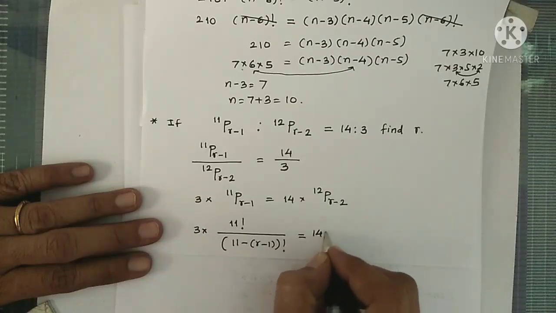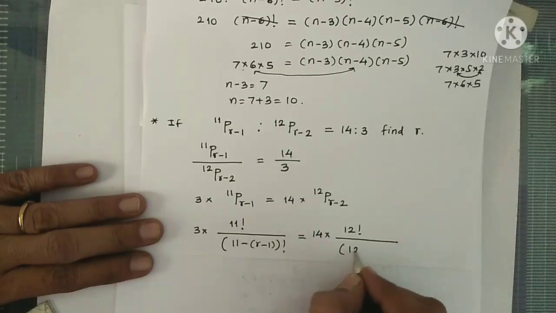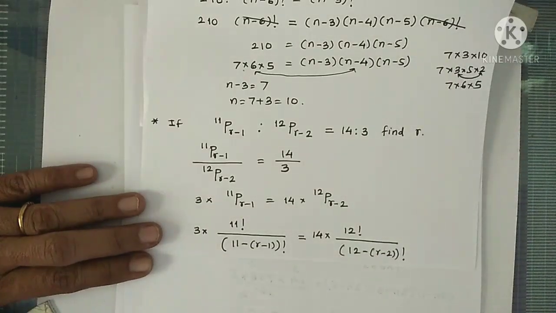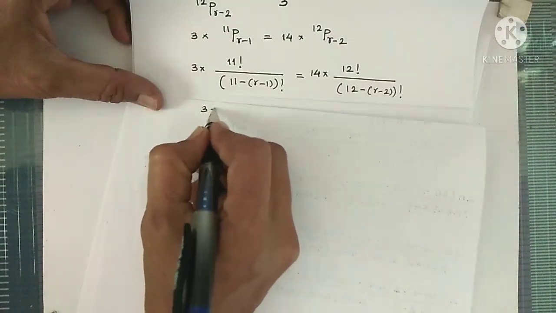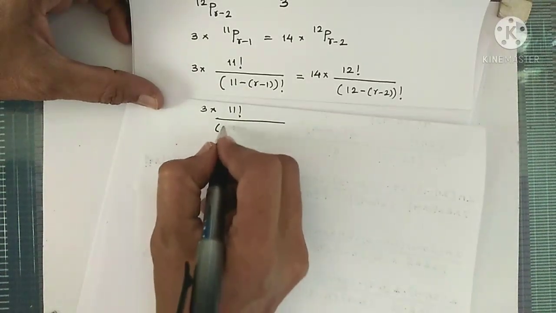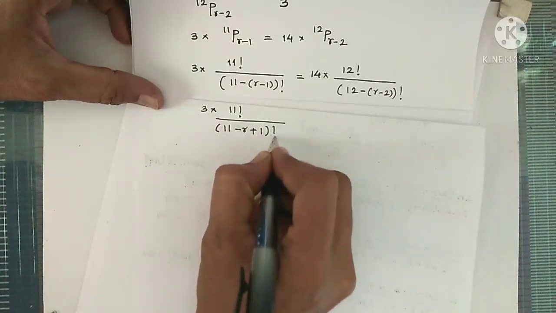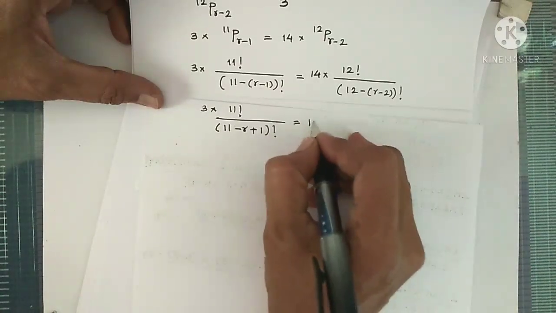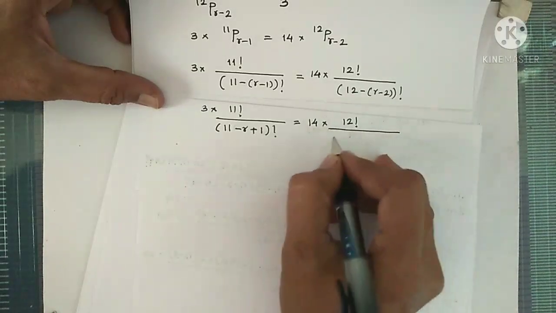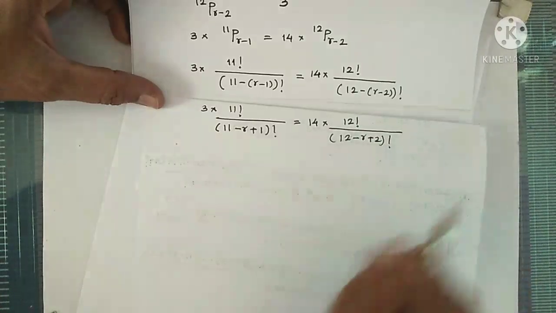And 14 into 12 factorial divided by (12 minus (r minus 2)) factorial. That is 3 into 11 factorial divided by, now let's open this bracket, (11 minus r plus 1) factorial equal to 14 multiplied by 12 factorial divided by (12 minus r plus 2) factorial.